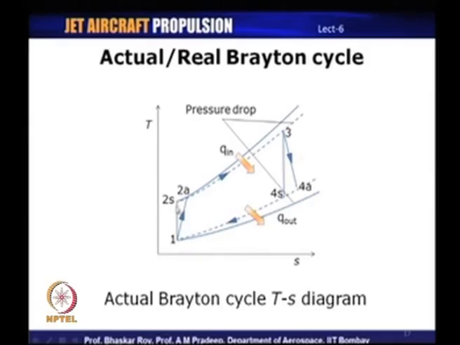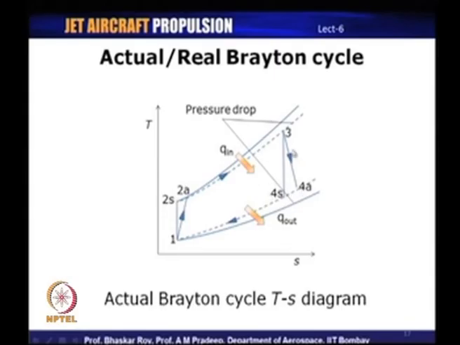This is the compression process: the ideal compression process between states 1 and 2s, and the actual compression process between states 1 and 2a. This difference is because of the presence of irreversibility. H2s minus H1 is the isentropic enthalpy difference, and H2a minus H1 is the actual enthalpy difference. That is how we define the efficiency of the compression process.